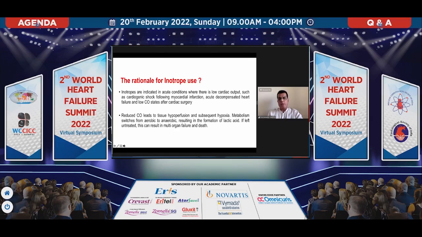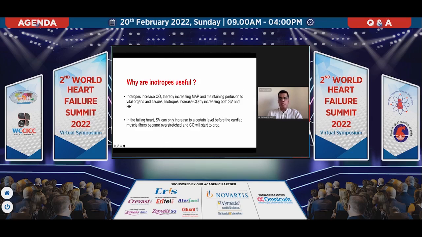Inotropes are indicated in cardiogenic shock following myocardial infarction, acute decompensated heart failure, which is a topic of our interest, and low cardiac output states after cardiac surgery or around the cardiopulmonary bypass period, etc. Reduced cardiac output leads to tissue hypoperfusion and subsequent hypoxia, and the metabolism switches from aerobic to anaerobic, and therefore lactic acid forms, and if left untreated, it can result in multi-organ failure and death.